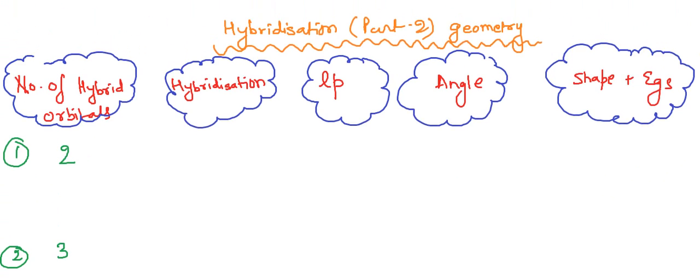Okay, then we'll see another case that will be 5, and then another case here that will be 6, and then the last case will be 7. These are the number of hybrid orbitals that we can get.